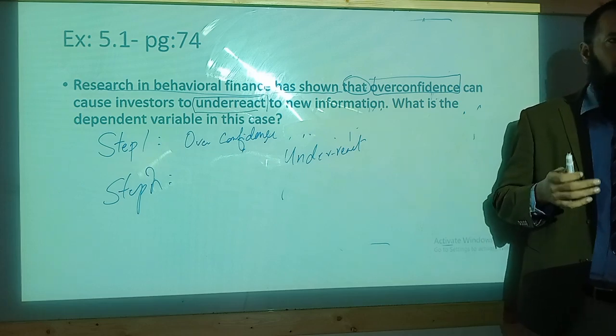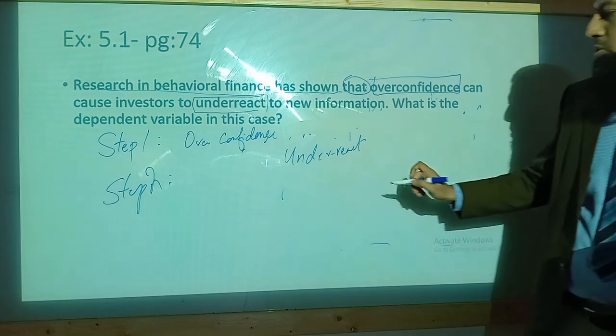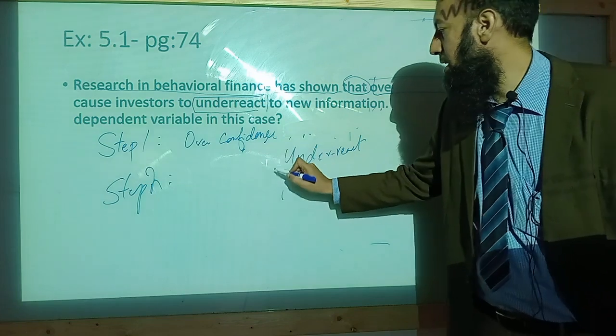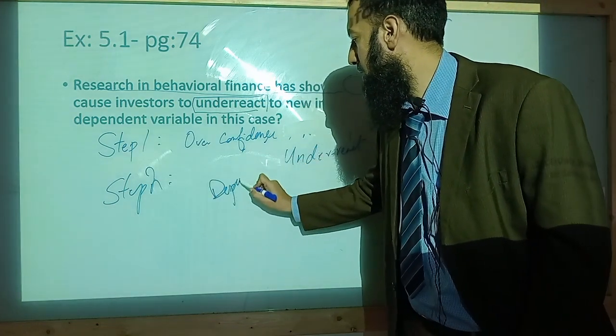If you are wrong, investors are underreacting. So underreact is the dependent variable. Underreacting is because of overconfidence.